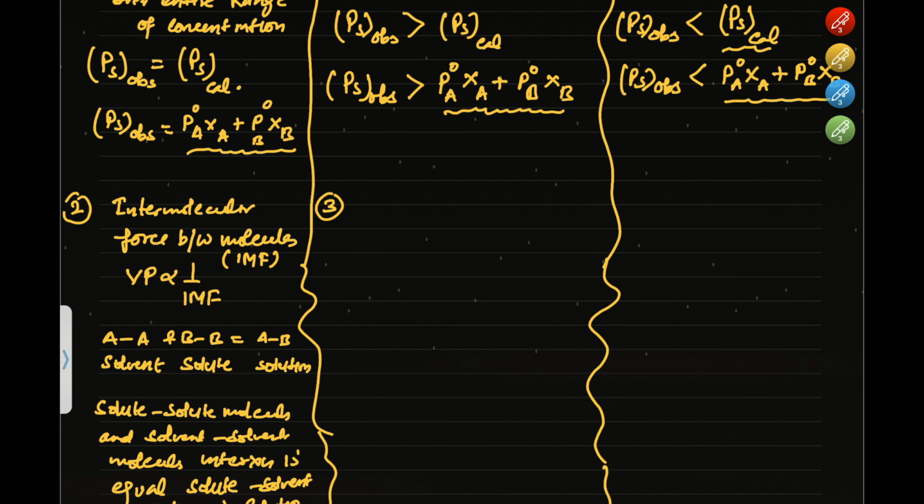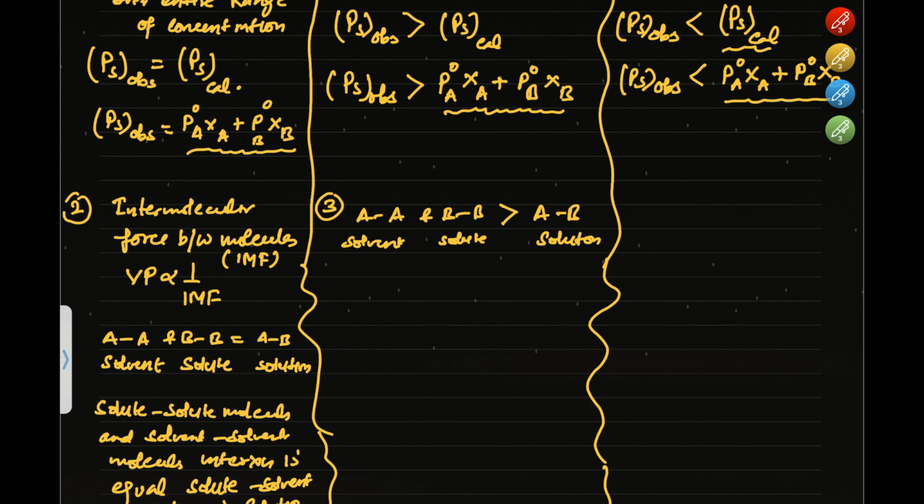So this means that AA, the solvent molecules, and BB, the solute molecules, interaction is stronger than the solvent and solute interaction in the solution, meaning A and B in solution.